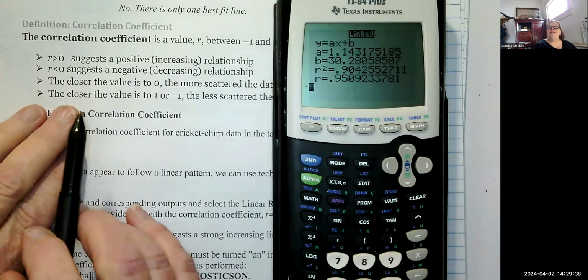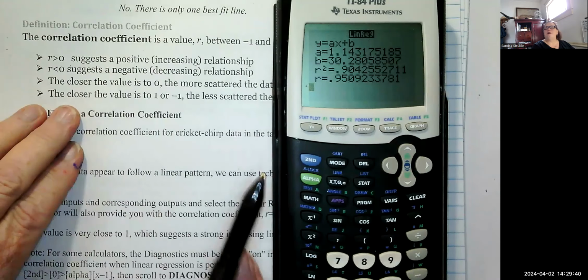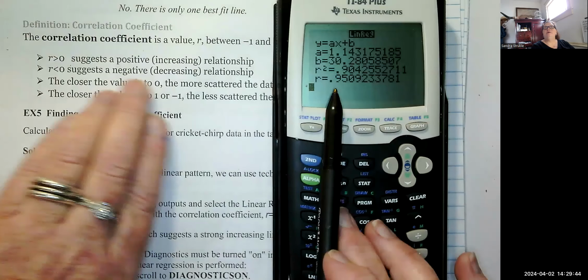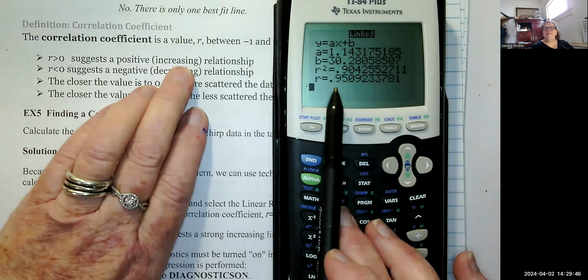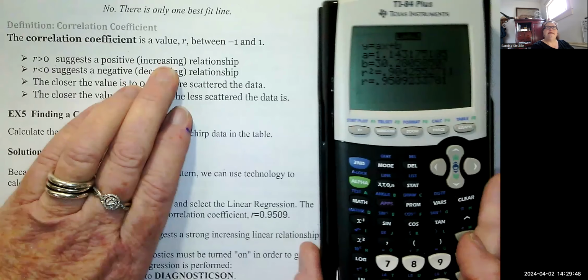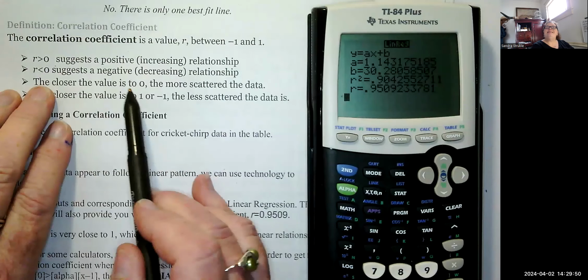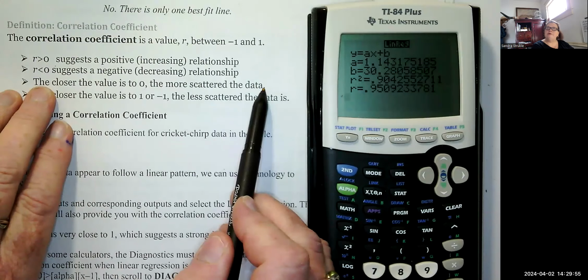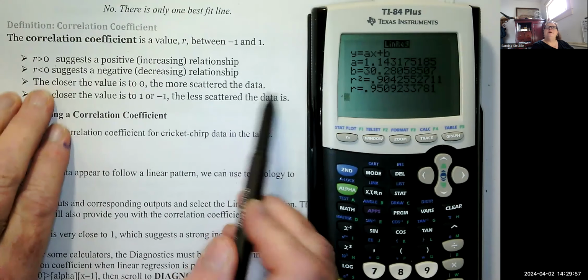The next piece is we want to evaluate what our R is representing. One, our R is representing that we're going to have an increasing relationship because it's positive. The other thing we can see is the closer the value is to 0, the more scattered the data. Ours looked pretty tight, so it wasn't very close to 0.